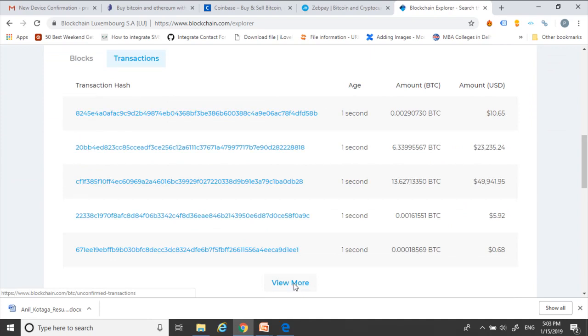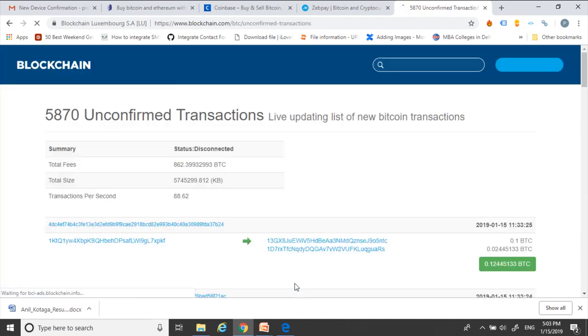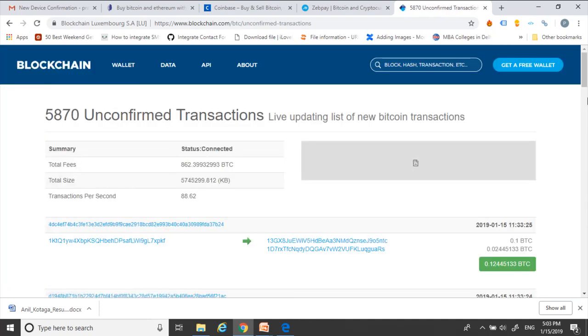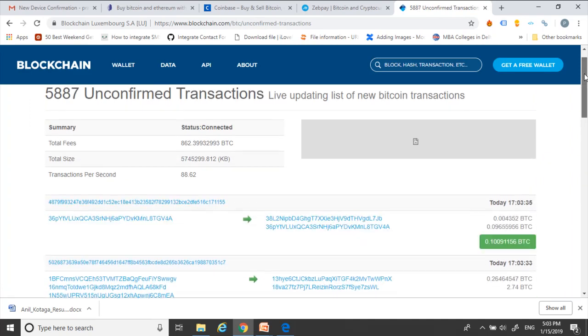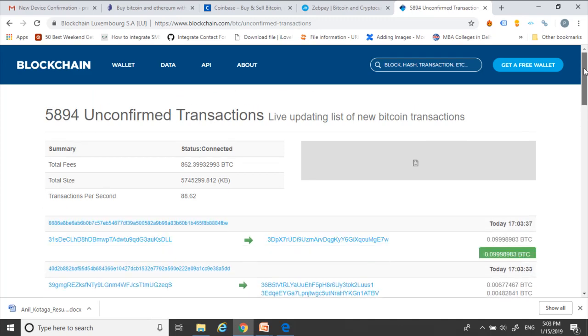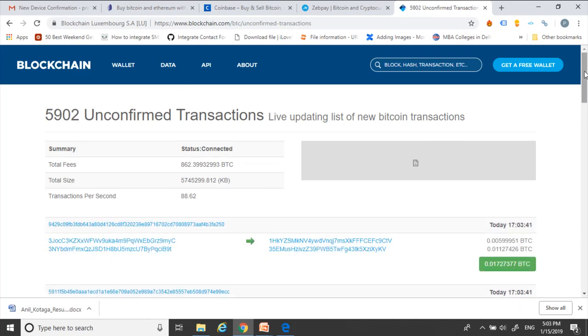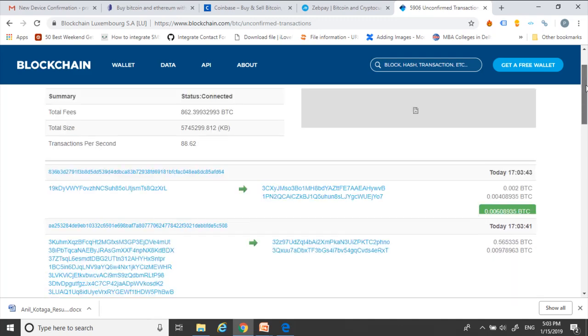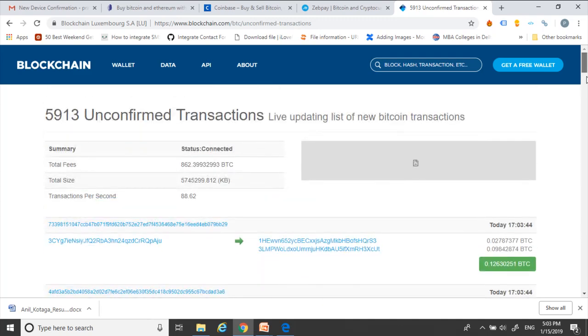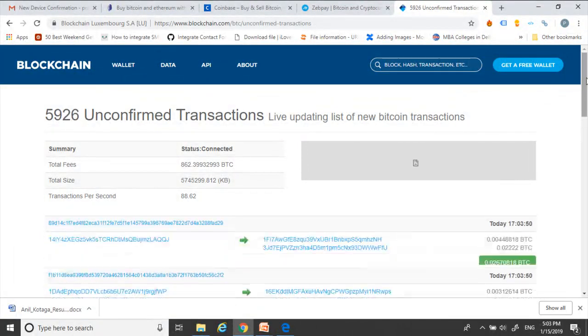Okay, so I have to click on view more. Here it is. We have transactions per second. There are 88.62 transactions every second.